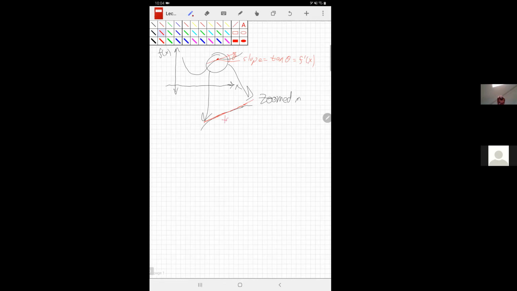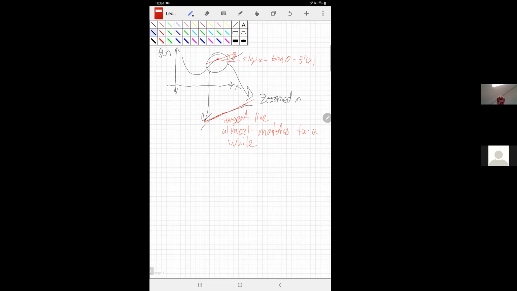So we see that the tangent line almost matches for a while. Well, then you could say, all right, well, let's make it a little bit a better fit.